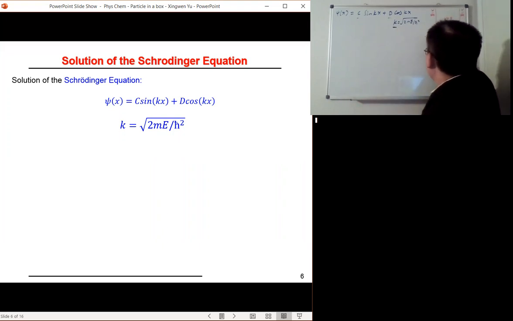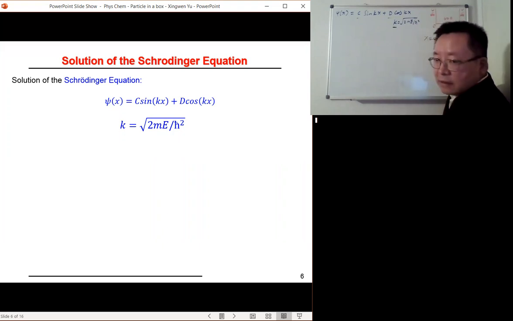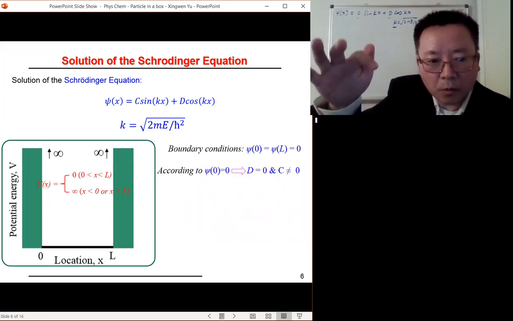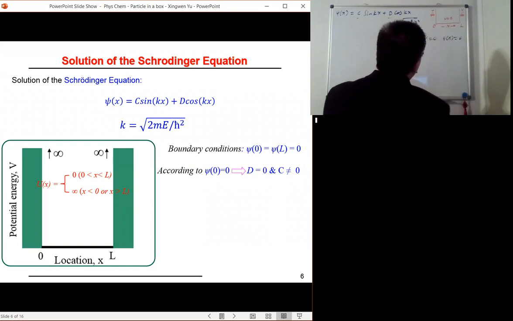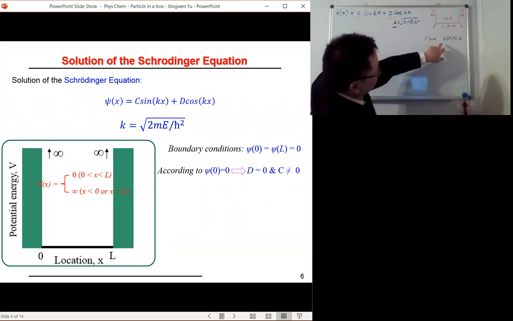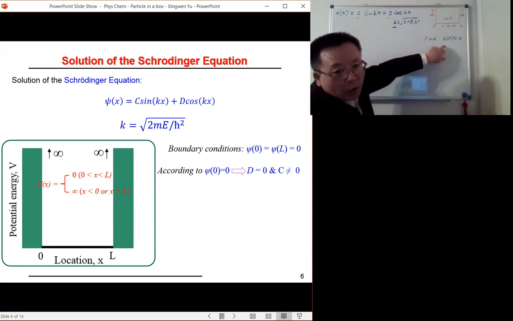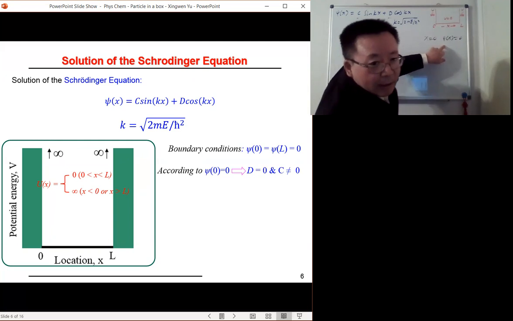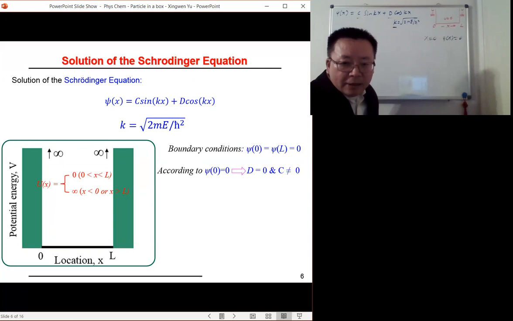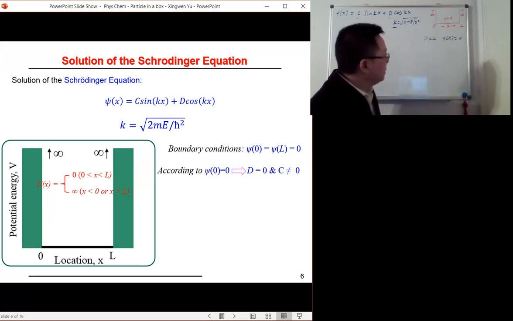On the wall, in the case of x is 0, psi is 0. That is the boundary condition, because potential energy is infinity, so the whole wave function will be 0.